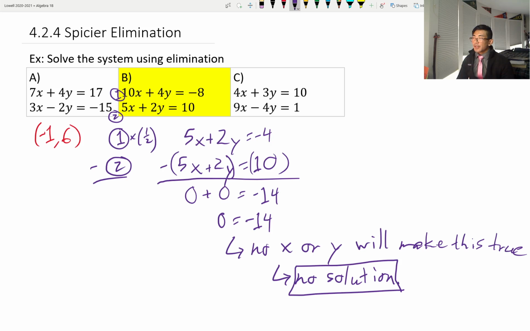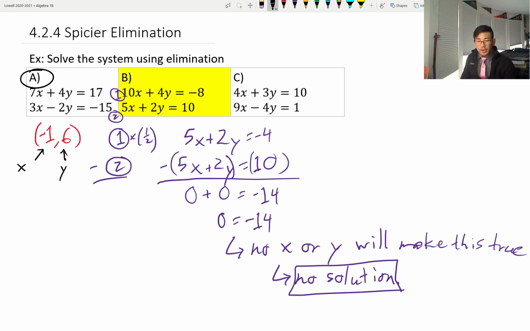Remember, when we graphed this one, and I'm not going to graph the lines here, actually, maybe we'll do it with Desmos. When we solved system A, we found the solution x equals -1 and y equals 6, remember from the last video. What this means is that when I graph the two equations, this is where they're going to cross.